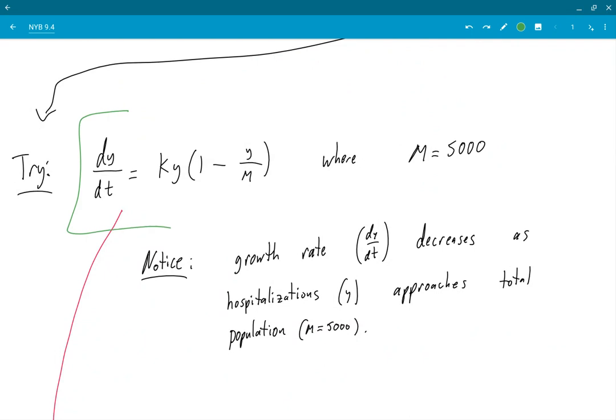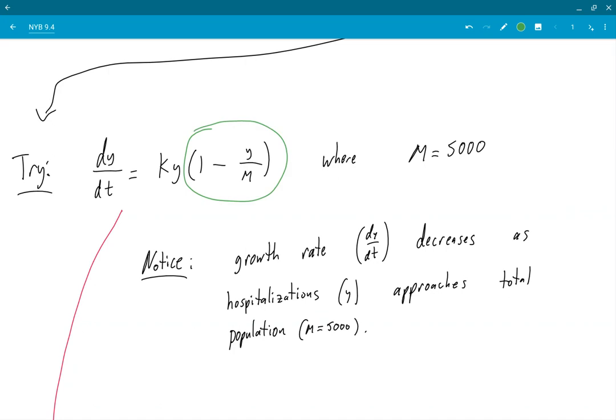What we'll do is we'll take our original model, which is here in the green rectangle, and we'll add this factor here. What does that do? Well, notice that M is my total population, and if, say, 4,000 people are hospitalized, then this fraction here is going to be close to 1.